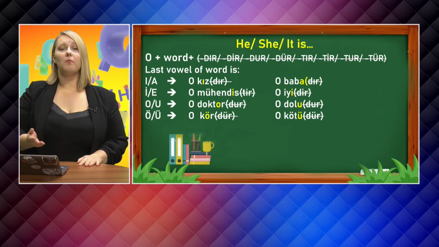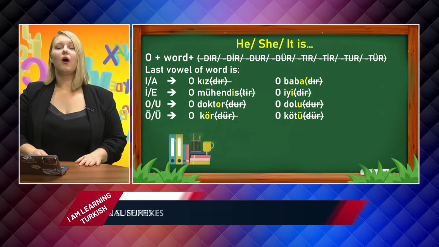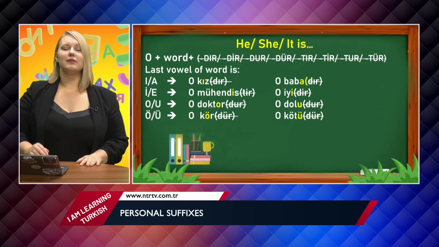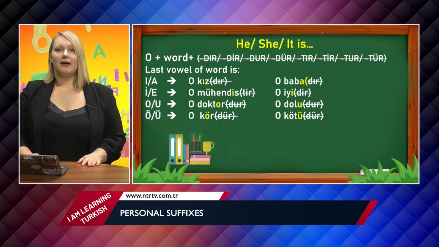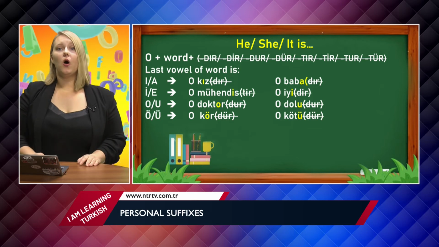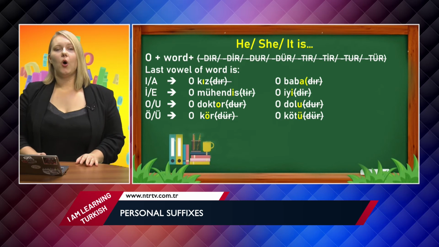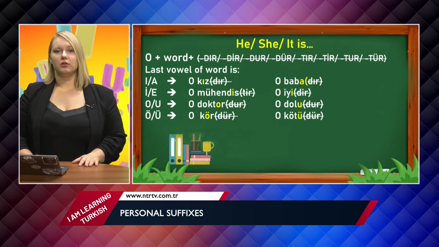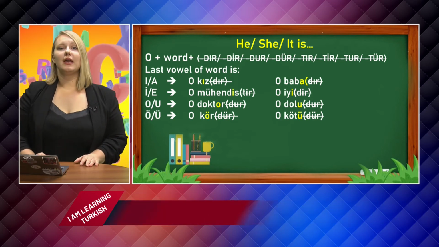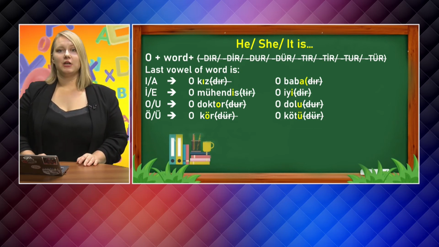And o baba simply means he is a father. O mühendis and o iyi are really simple to build, isn't it? O doktor means he is a doctor. O dolu, he is full. O kör, he is blind, and o kötü, he is bad.